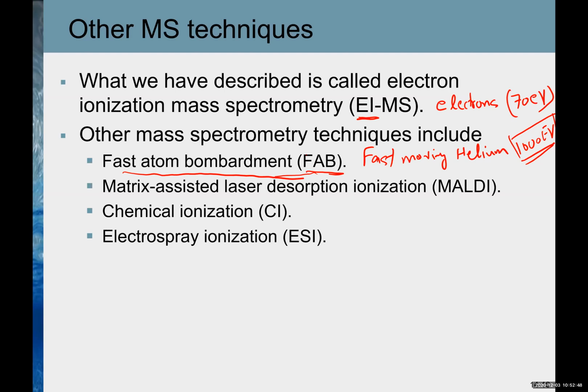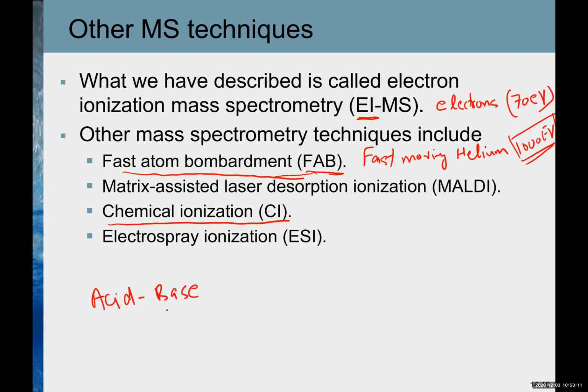Another technique, which is also a crude method, is chemical ionization. In chemical ionization, we use chemicals to remove electrons, and most of the time it's acid-base.